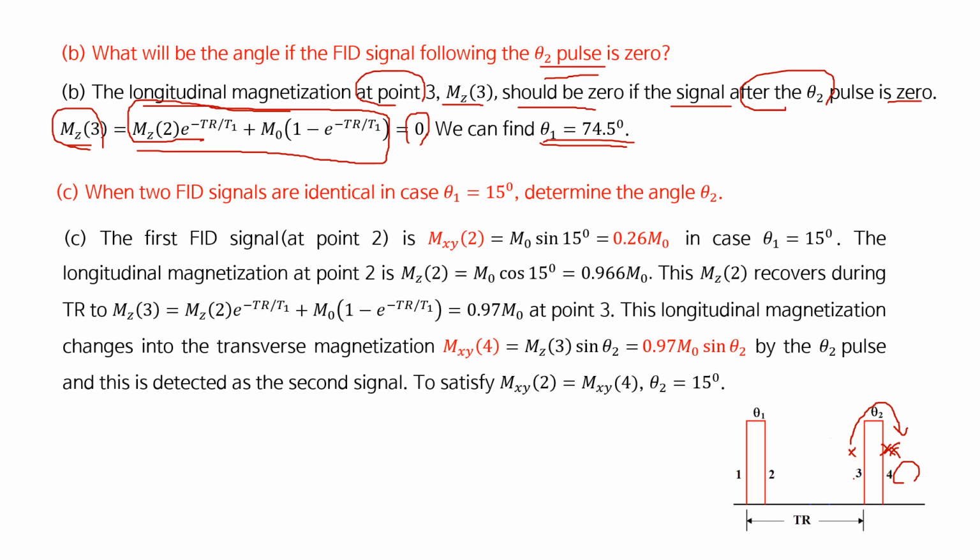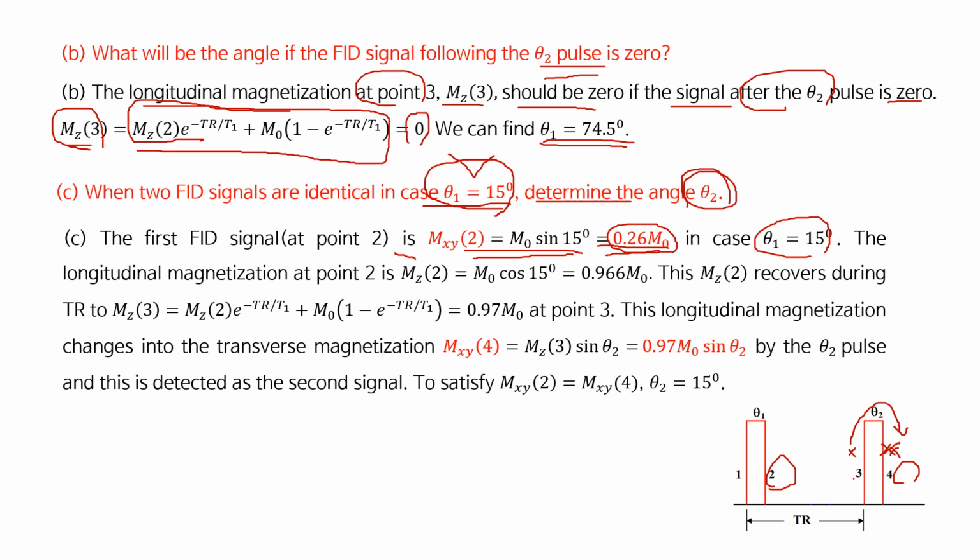And next question, when two FID signals are identical in case of theta 1 equals 15 degrees, determine the angle theta 2. Okay. The first FID signal at point 2 here, we already obtained the expression. So we put theta 1 as 15 degrees, and we can get this number.